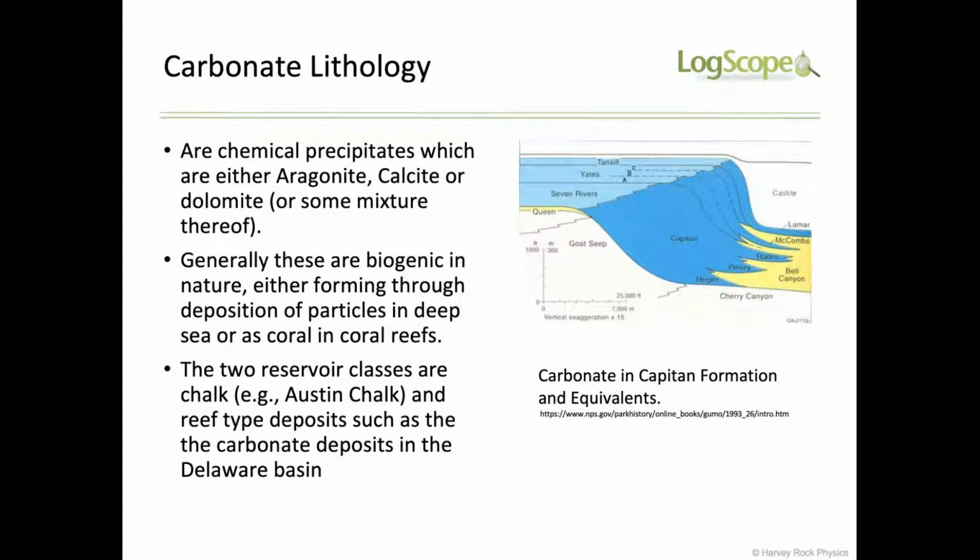You can see the two classes reflected in chalk and in reefal deposits, such as the carbonate deposits of the Delaware Basin. Dolomite forms by the addition of magnesium into carbonates, and it has the curious effect of increasing the porosity in general.